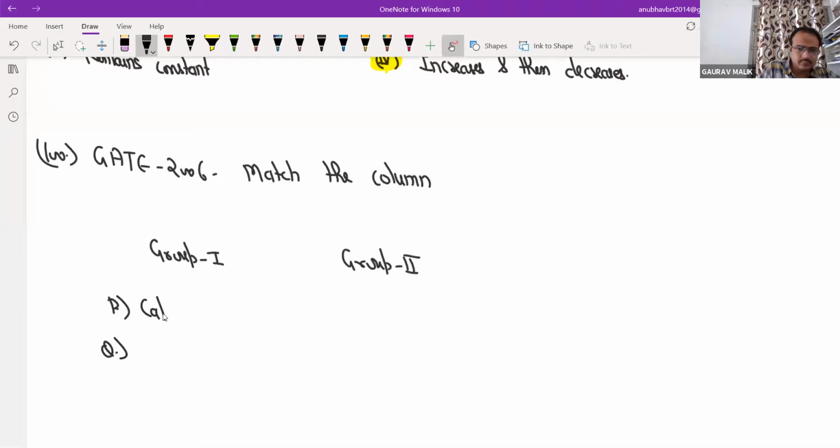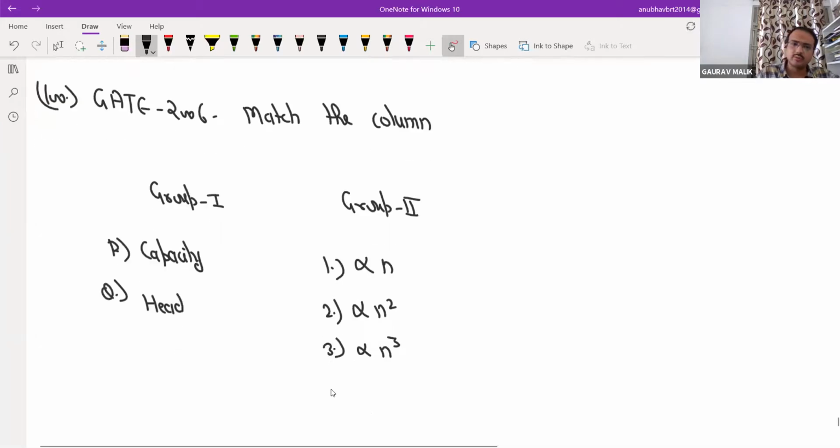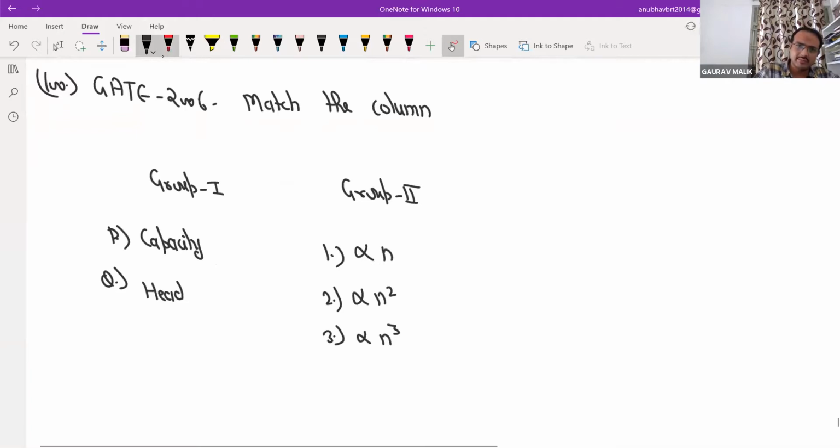P, Q: capacity, head, power; 1, 2, 3: directly proportional to N, directly proportional to N square, directly proportional to N cube. So again options A, B, C, D: capacity, head, power, directly. Question number 101.